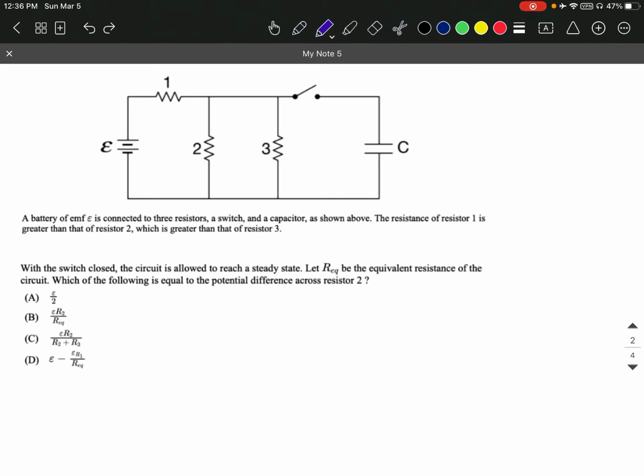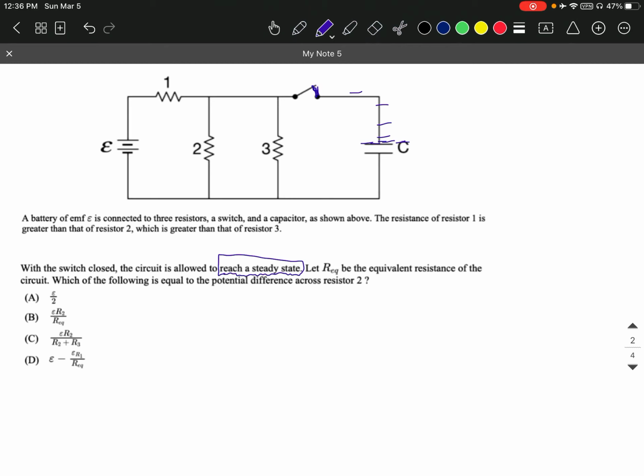So the first bit of this problem is actually a little piece of theory. There's a few ways to describe this, but when you read or hear that the circuit is allowed to reach a steady state, sometimes it's called equilibrium, or sometimes they even just say after a while, what they mean by that is charges have been allowed to build up on this plate until the point where there is no more motivation.